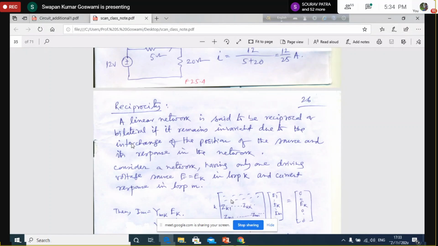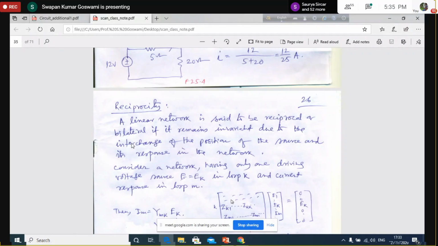Whatever the connections, ultimately the values of the impedances are obtained. You have formed the loop impedance matrix and the nodal admittance matrix, which means you have represented the network with the help of the impedance matrix or admittance matrix.